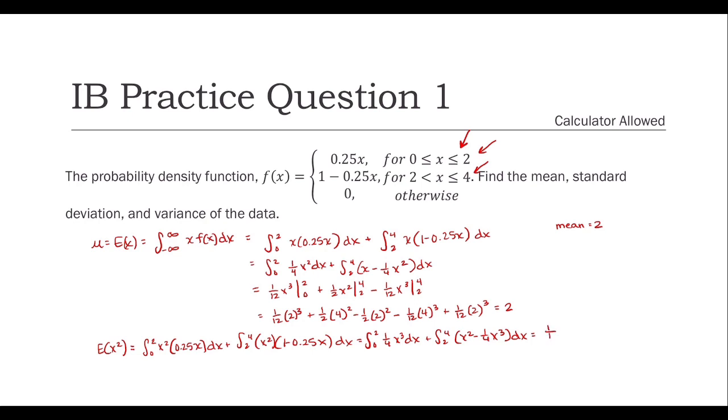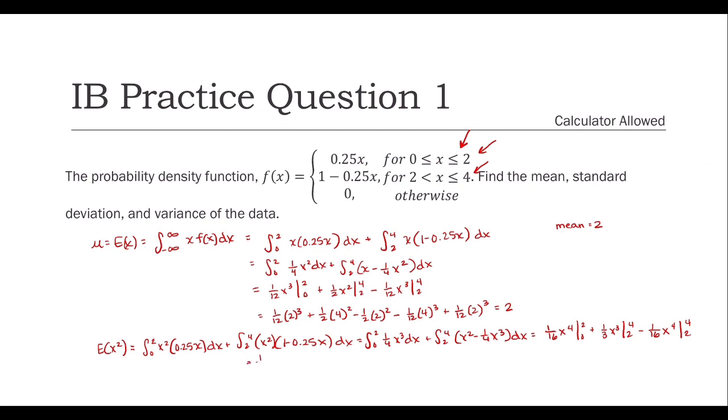So we can take the integral and we'll get 1/16 x to the 4th evaluated from 0 to 2, plus 1/3 x cubed evaluated from 2 to 4, minus 1/16 x to the 4th evaluated from 2 to 4.